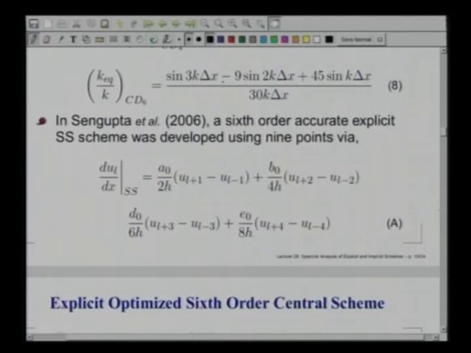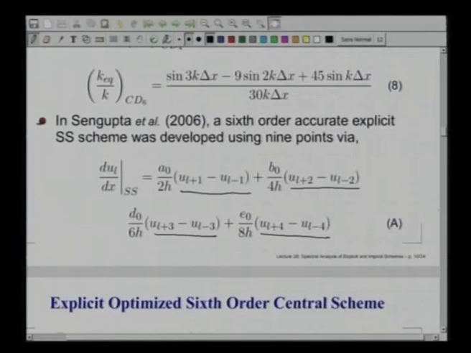So, basically what I have written down in this equation A is du by dx at l, that would be a naught by 2h, and you can see the terms appear pairwise. For example, l plus 1 and l minus 1 are coupled together. In the same way, l plus 2 and l minus 2 terms are coupled here, and you can see that, without the presence of u l, we have 9 points there.